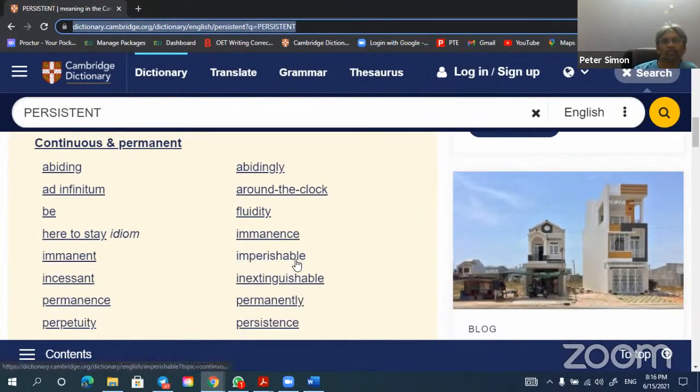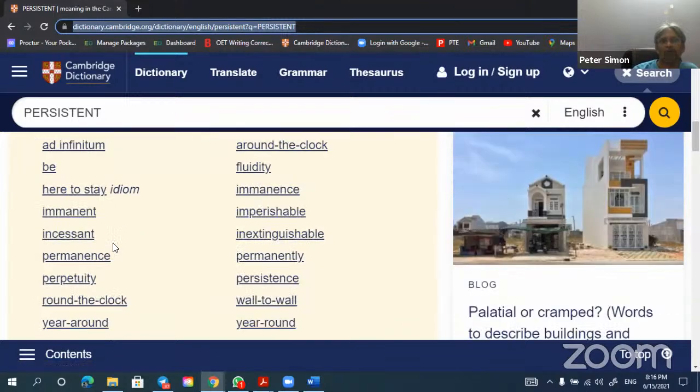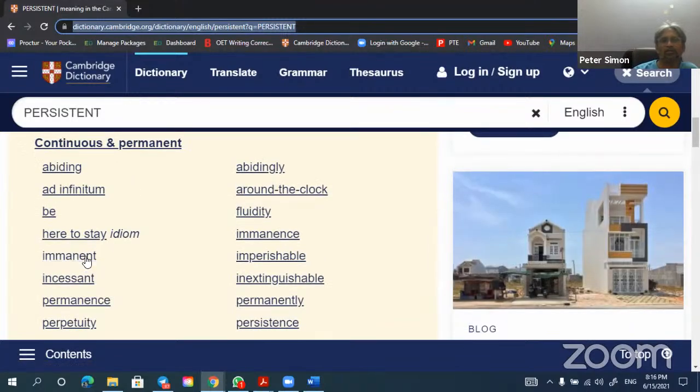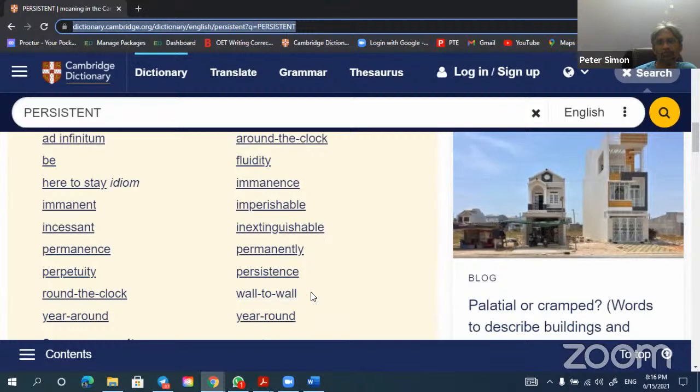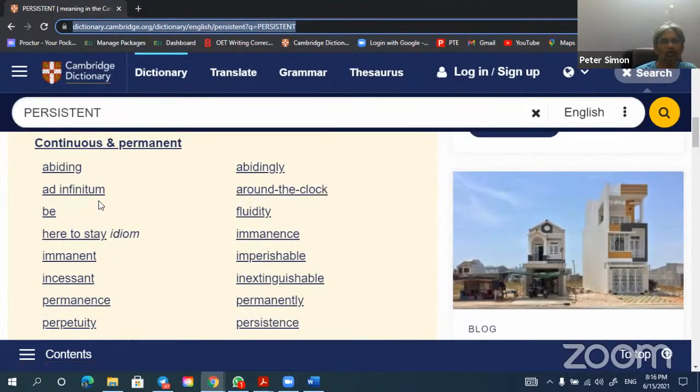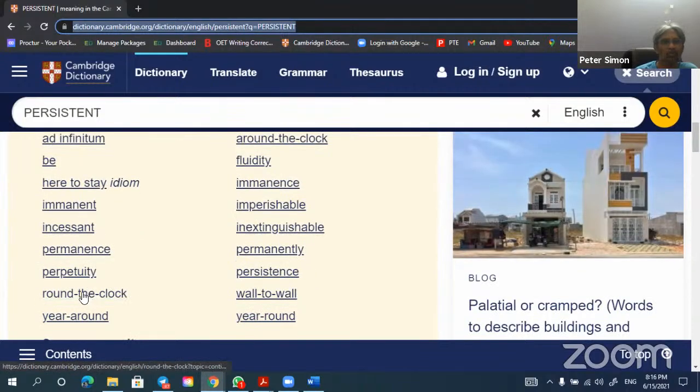Persistent. These are the words: immanent, incessantly. Okay. Then you can use these words. Right? Incessant. So all these are different.